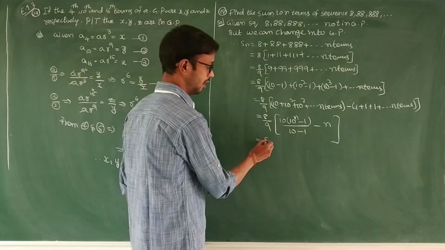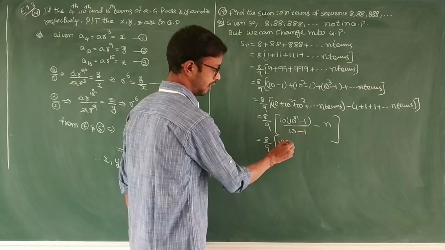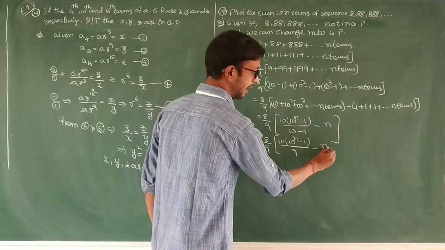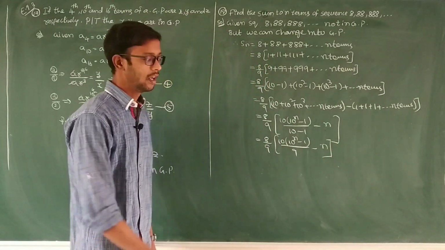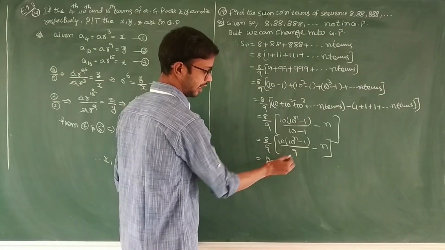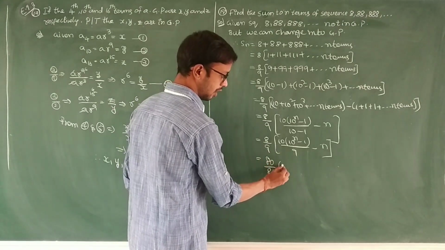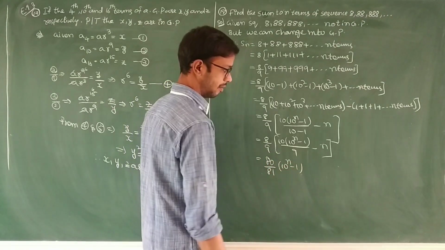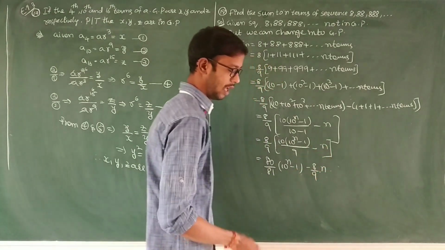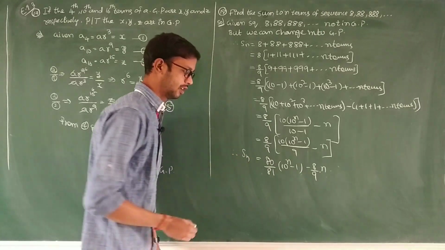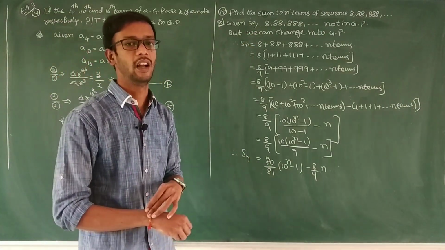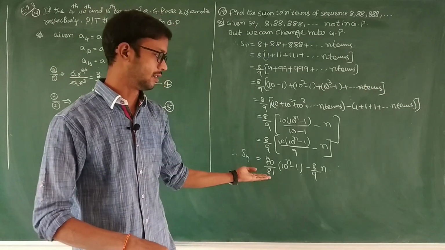Now make the simplification: 8 by 9, 10 into 10 power n minus 1 divided by 9, minus n. Just multiply inside: 8 into 10 is 80, 9 into 9 is 81, so 80 by 81 into 10 power n minus 1, minus 8n by 9. Therefore, the sum of n terms of the sequence 8, 88, 888 and so on is this value.